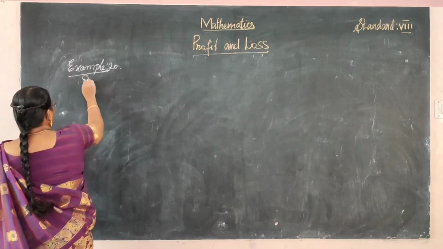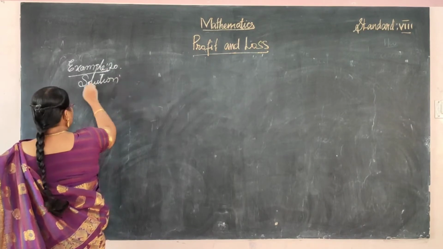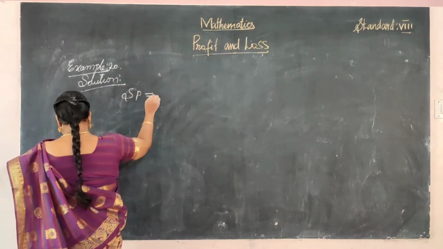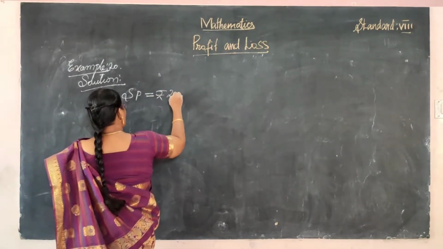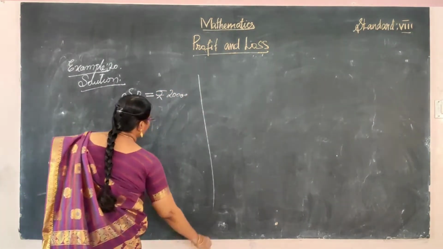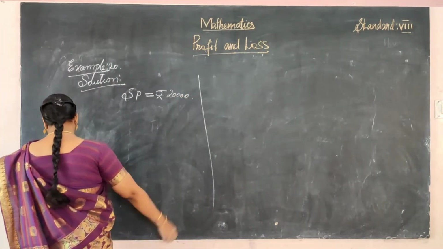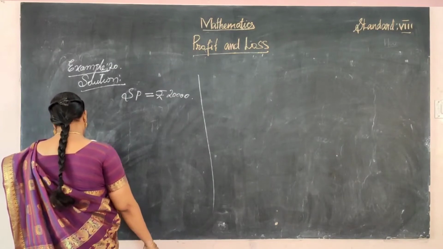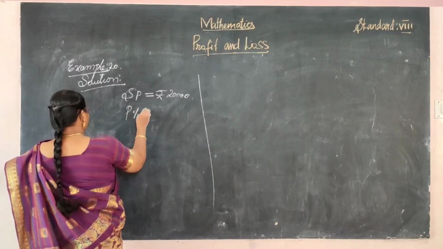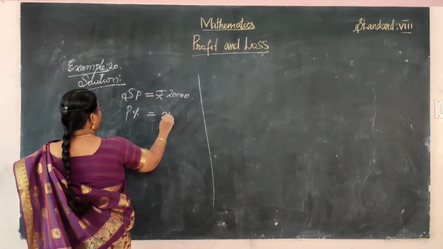So what data are given? Selling price. So you will write SP is equal to rupees 20,000, and profit percentage is 25%.